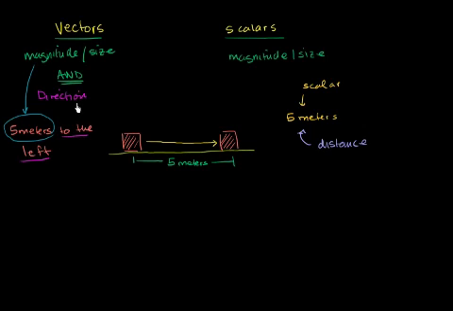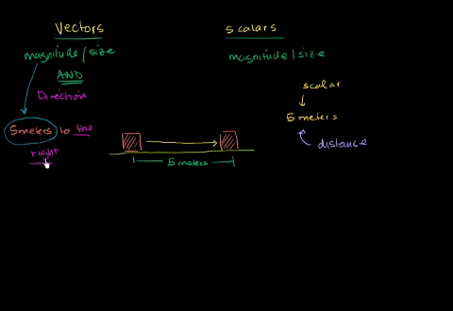Actually, it should be 5 meters to the right. Let me change that. It started here, it went 5 meters to the right. So once again, the magnitude is 5 meters, and the direction is to the right.